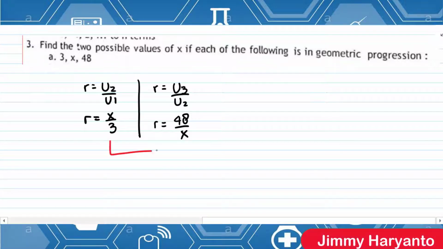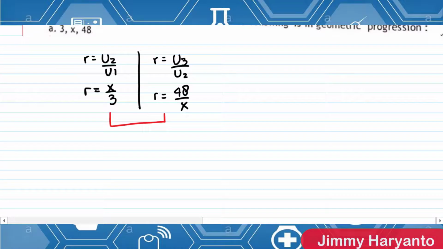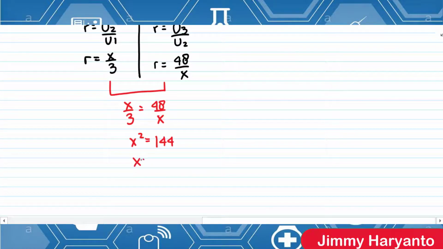And we know that the ratio should be the same, so x over 3 should be equal to 48 over x. Cross multiply, x squared equals 48 times 3 equals 144. That means x equals the square root of 144.